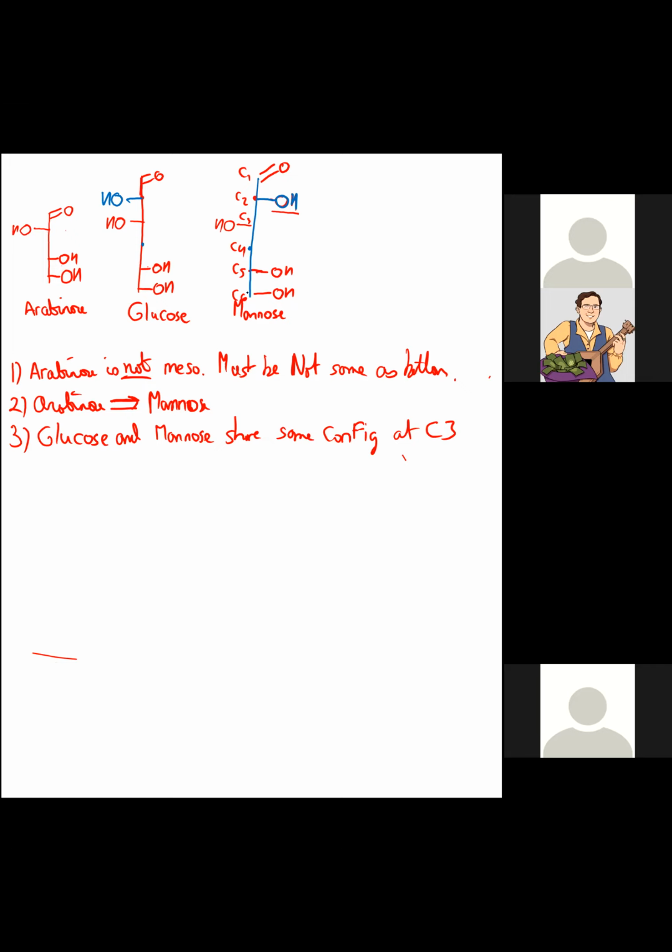So if they're the same here, that's to the right. One option is to put this to the left, like that. We're going to be erasing this in a second. Now the problem comes, if you oxidize both the top and bottom carbons here, this is no longer optically active.